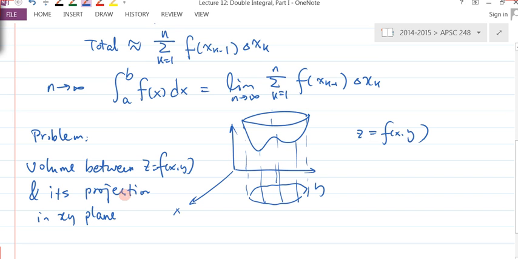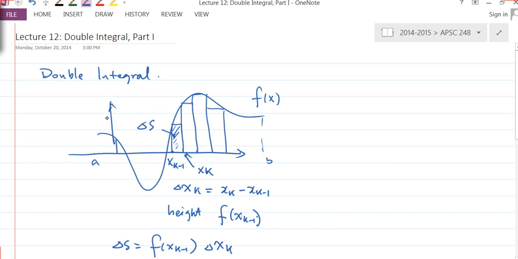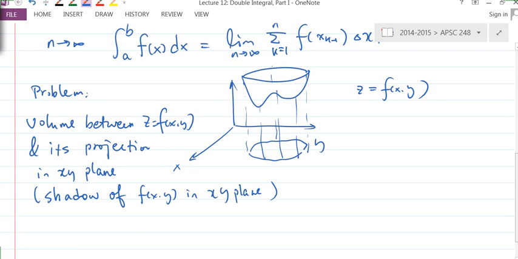Sometimes when I say its projection in the xy plane, I will say in a very simple word, what's the shadow of f of x, y in the xy plane. So that's basically the formulation of the problem here. It's pretty much the same as the earlier formulation, basically saying here's a function, what's the area underneath the function, right? That's the integral. So I'm giving this problem here.